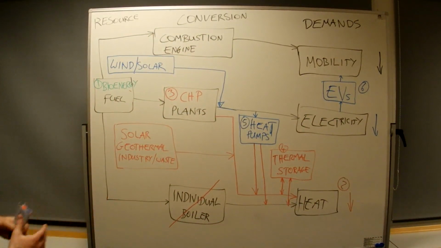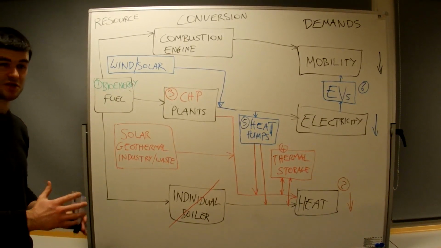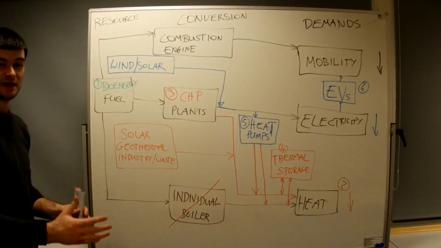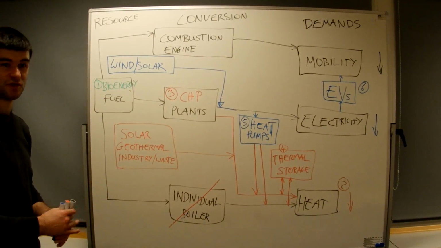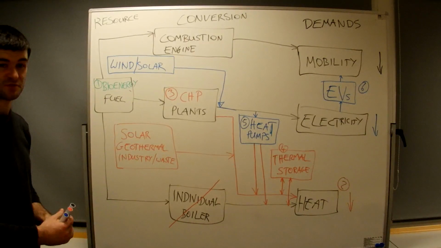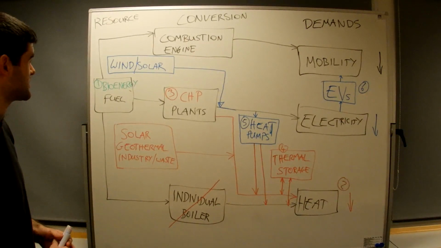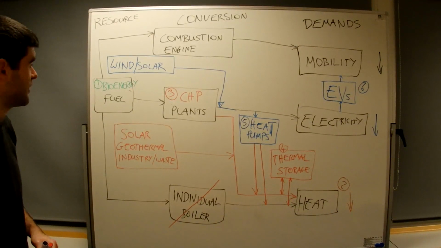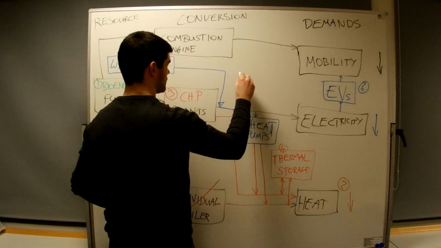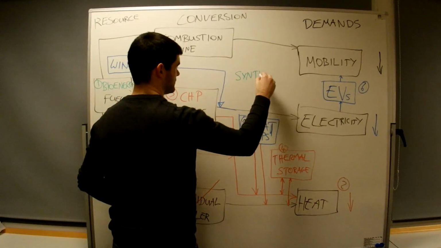The big challenge at this stage of the transition is replacing the energy dense fuels in the trucks, the airplanes and the ships. So how do we replace those liquid and gas fuels used for heavy transport? The key technology that we see providing this is something called synthetic fuels.